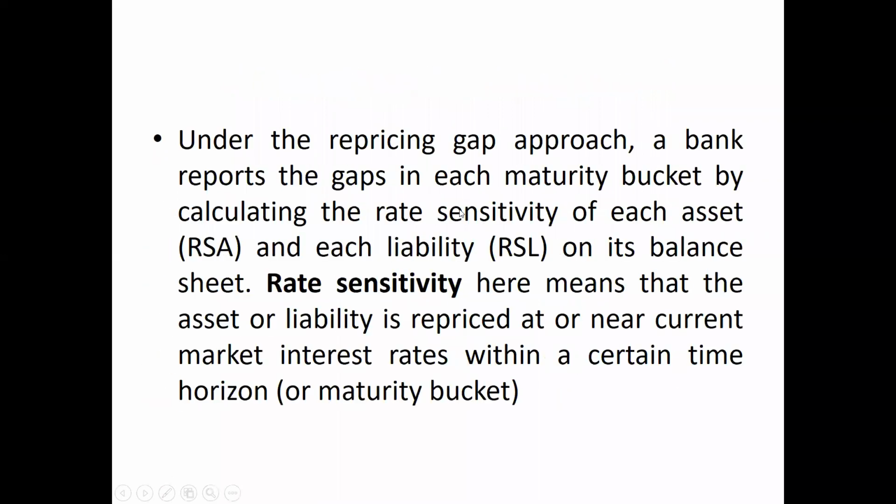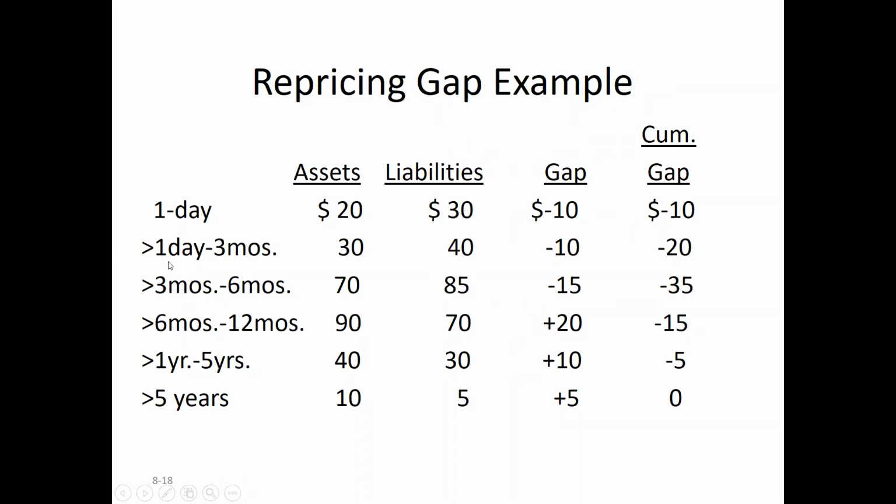Here, from 6 months to 12 months, the gap is 20, a positive number. It's just for those instruments maturing from 6 to 12 months, which have the positive gap.